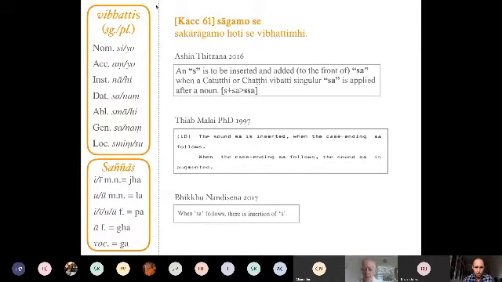His translation is quite elegant, and I think it's more or less easy to understand if you are following the text. When sa follows, there is insertion of s. Of course, Ashin Titsena's translation tells us what this sa actually means. It's not any sa. It means the sa that represents the chatutti, that means the dative, or chatti, that means the genitive, vibhakti, case ending, and in the singular.